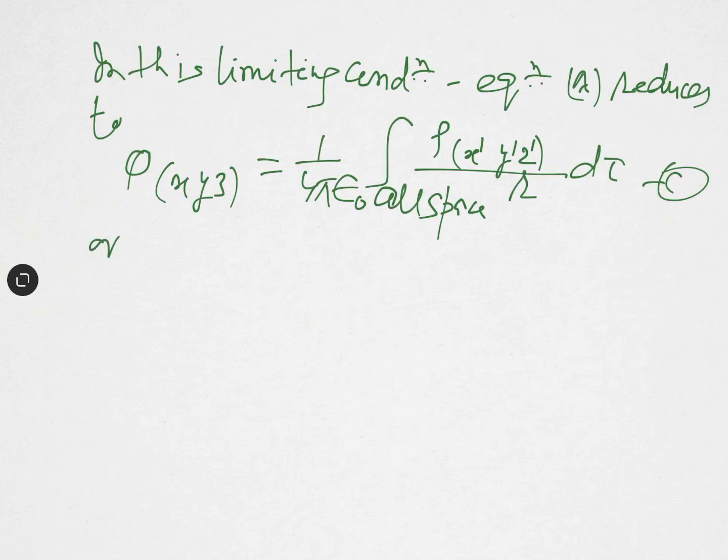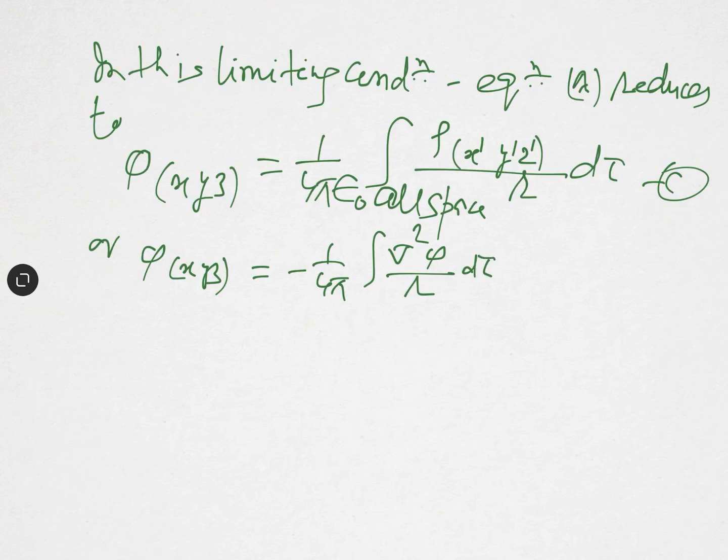Or you may say that this phi x y z will be equal to minus 1 over 4 pi integral del square phi over r d tau.